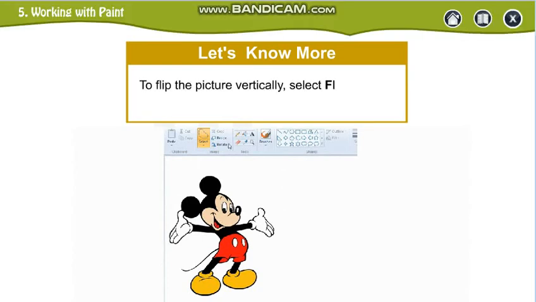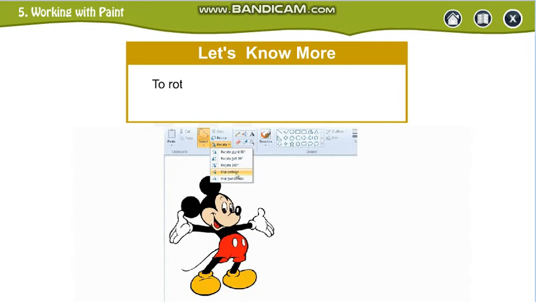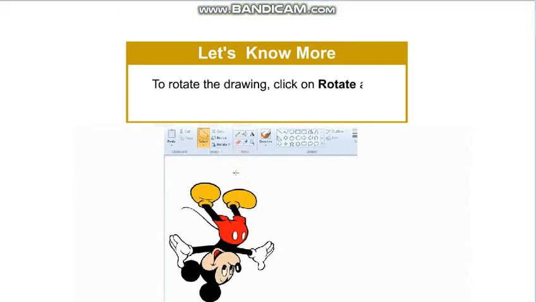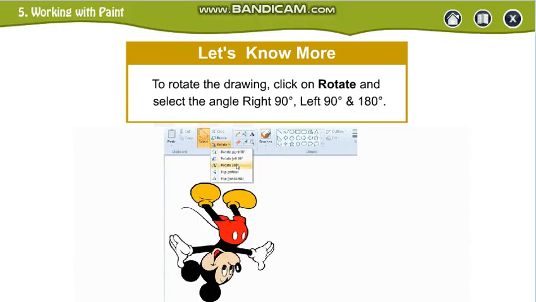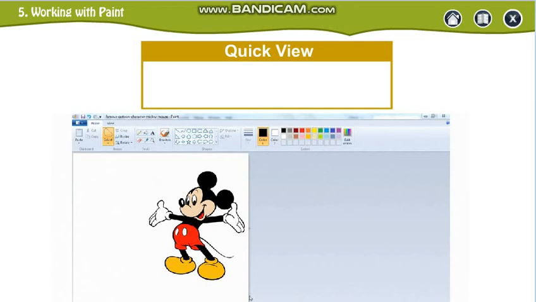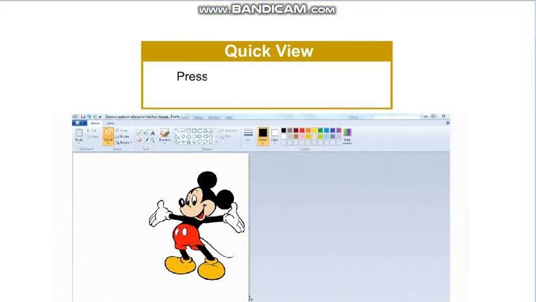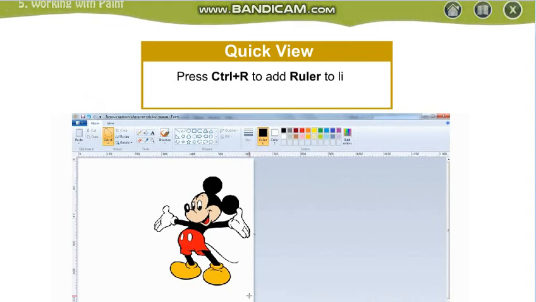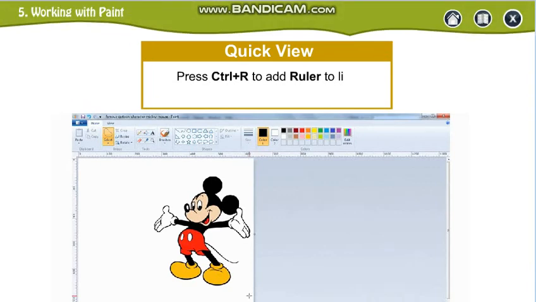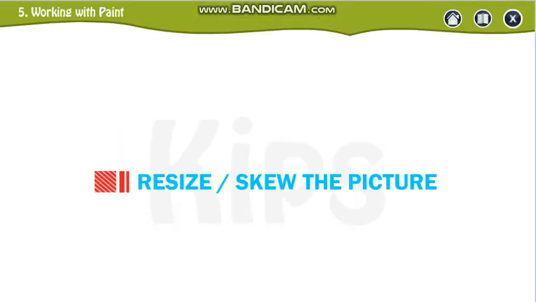To flip the picture vertically, the flip vertical option is available. And if you want to rotate, the rotate option is also available. Now press Ctrl plus R to add a ruler to line up and measure the picture.